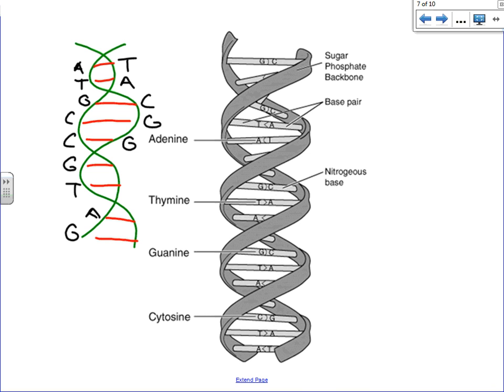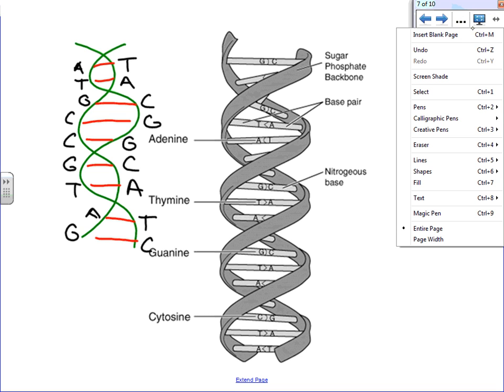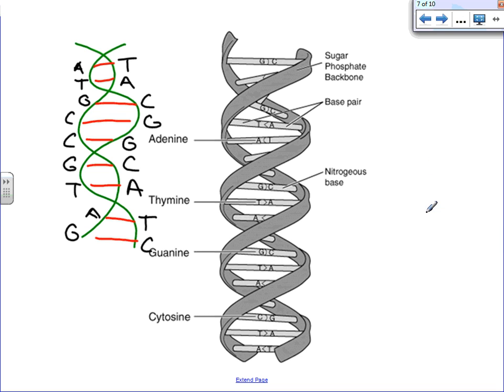Now, there's something really special about this code, and if you've done the reading, you've already seen this, or if you just recognize the pattern, you'll notice something really interesting: whenever you have an adenine on one side, on the other side of the code you'll always have a thymine. And whenever you have a thymine, it's always paired with an adenine.